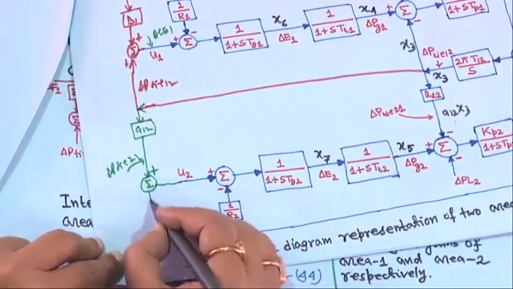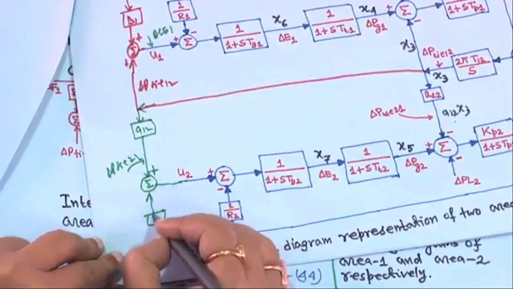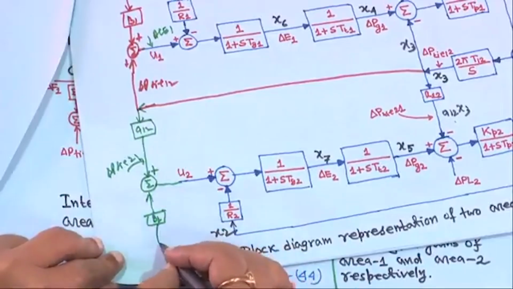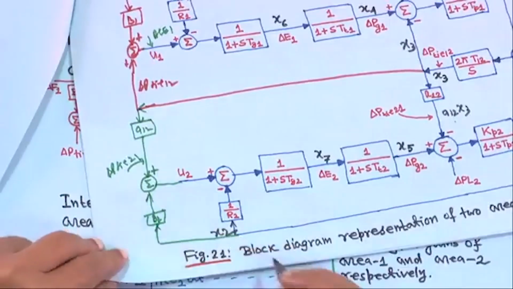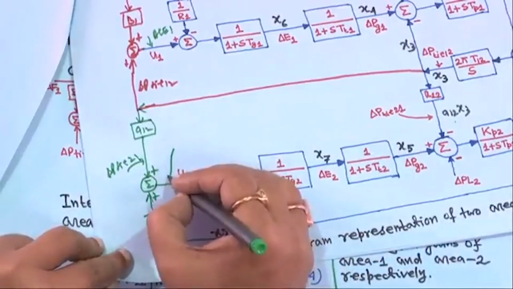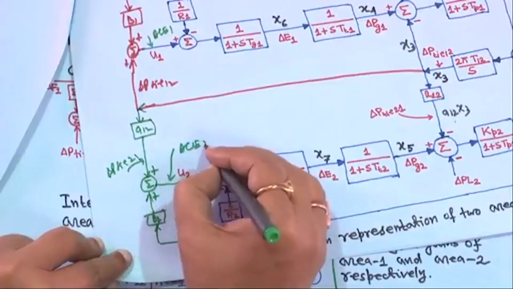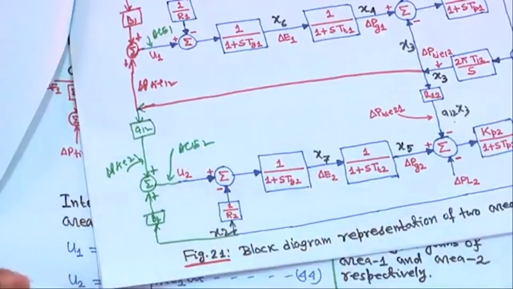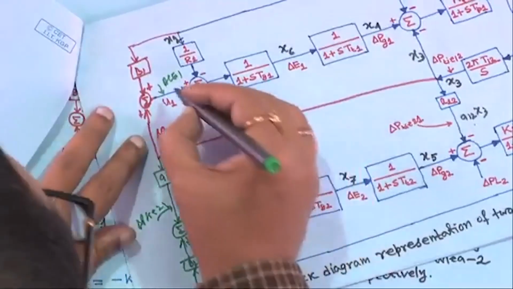This is B2, so it is B2 into delta F2, with a plus sign, and the output of this part is AC2, and integral control action is there.